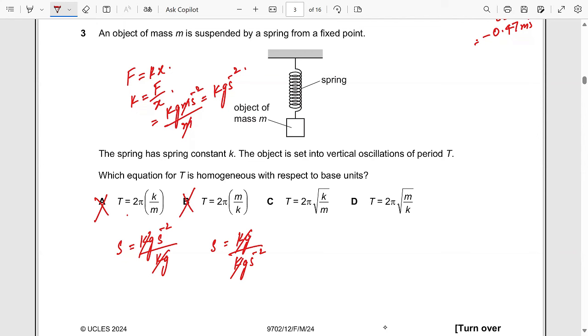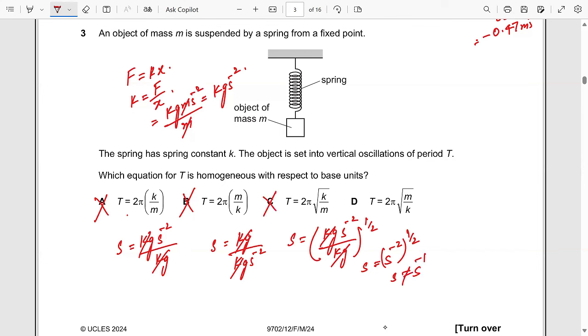If you do this one also, this is seconds, this is kg s minus 2 over kg. So you see that this is s minus 2 raised to power 1 over 2. So this is not equal to this. So this is also not necessarily base unit.